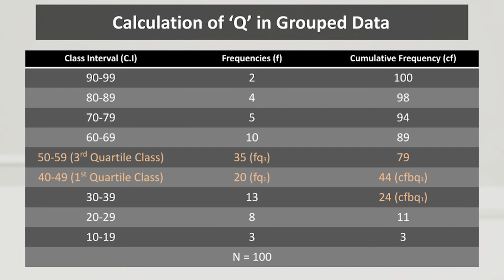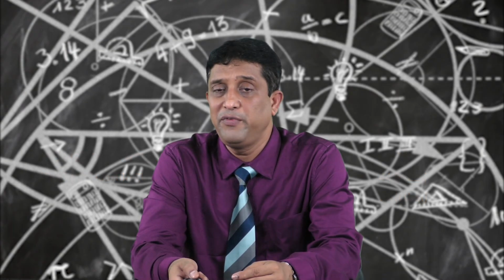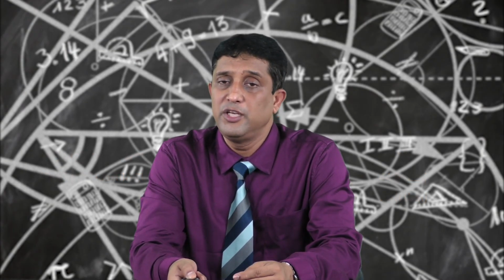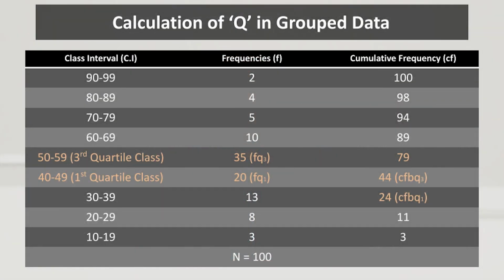So this is the first quartile class. Then again 3N by 4, 3 into 100 by 4, that is 300 by 4, that is 75. So where is the 75th case in this distribution? Here you see after 44, the next cumulative frequency is 79. It means the 75th case is in this class interval, 50 to 59.